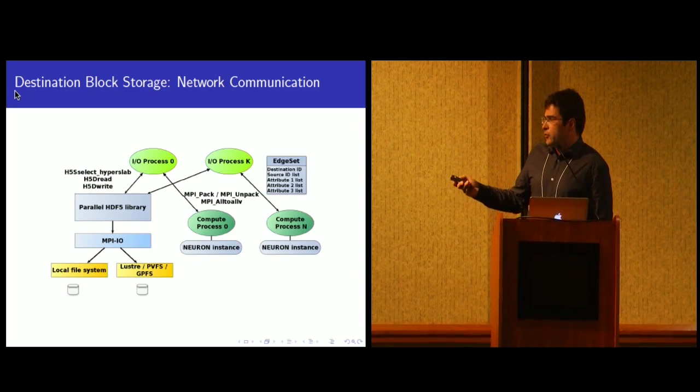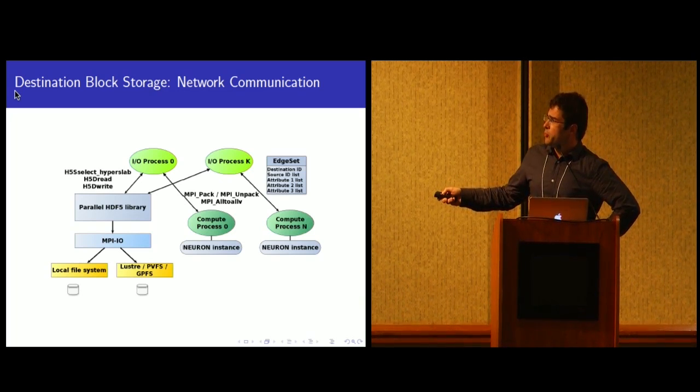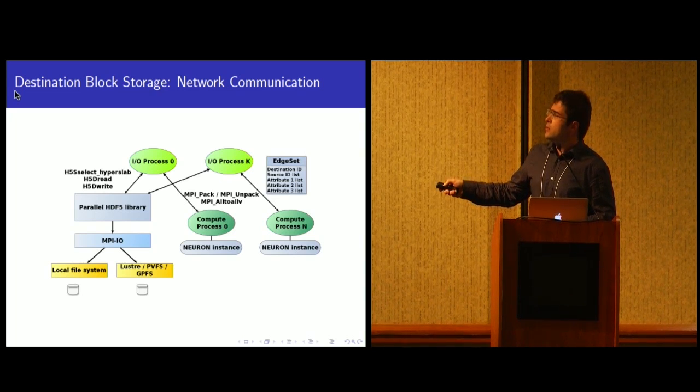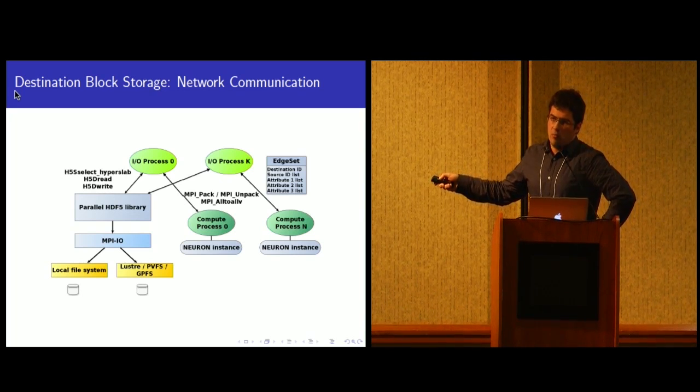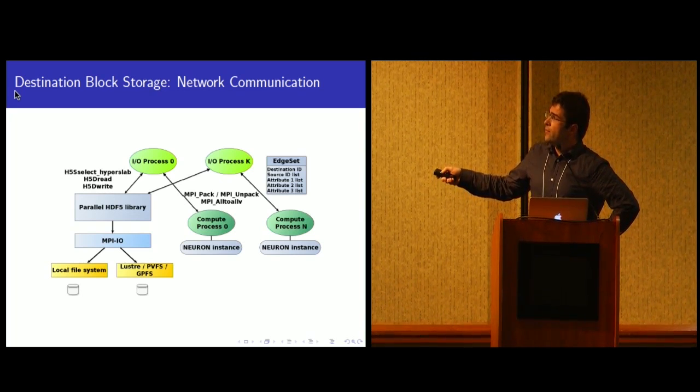And further, after the edges are read into memory, we need some way to distribute them to the compute ranks. So we followed a pattern where a small number of MPI processes are designated for I/O operations. They use the parallel HDF library to load chunks of connectivity, and they instantiate the edge set data structure, which is the in-memory representation of the graph.